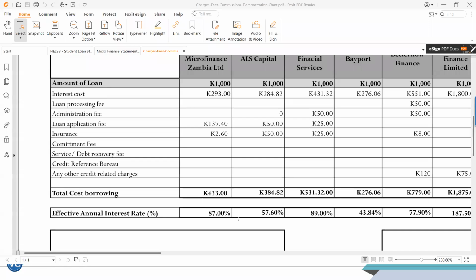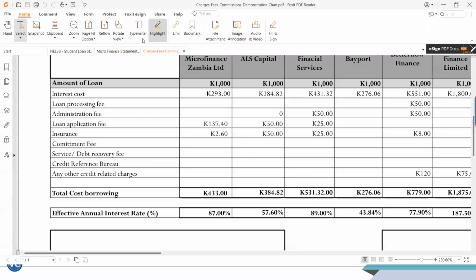So you go for the one that is 20%, thinking it is cheaper. You have to look at all these other total costs involved when you come to borrow money from these other financial creditors. So here they've given the amount as far as how much it would cost.